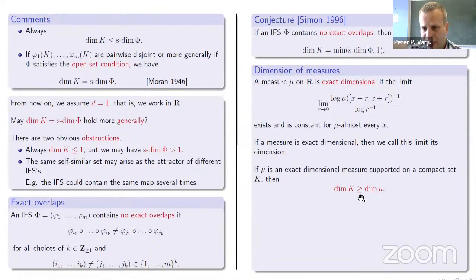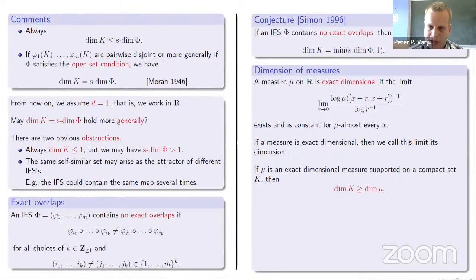This is very nice, because usually it's easy to estimate the dimension of a set from above. To do that, the only thing you need to do is construct some covering of your set. When you have a covering, you can plug it into your definition of, say, Minkowski dimension or Hausdorff dimension, and that will give you an upper bound on the dimension of the set.